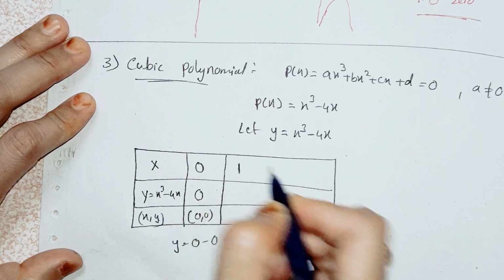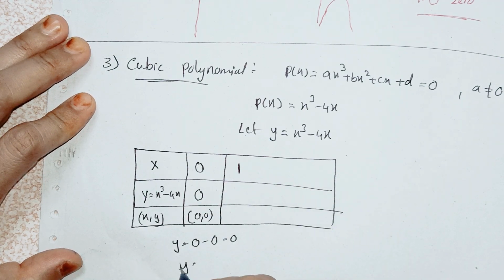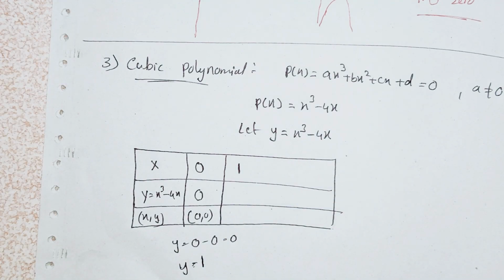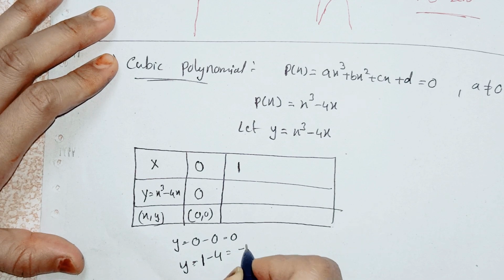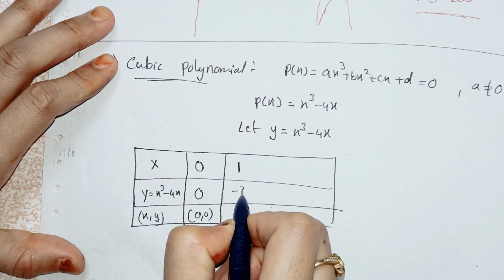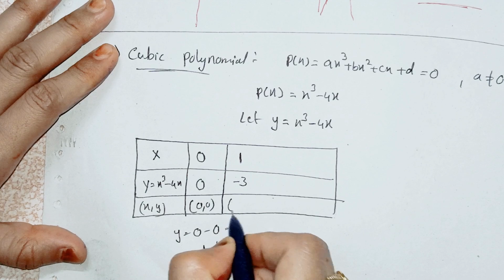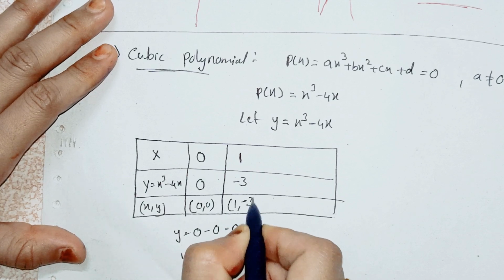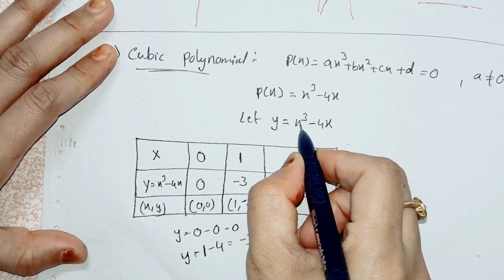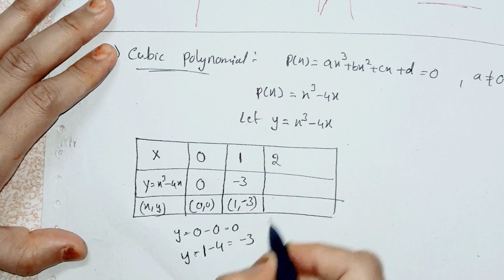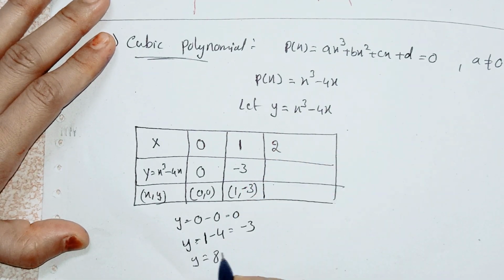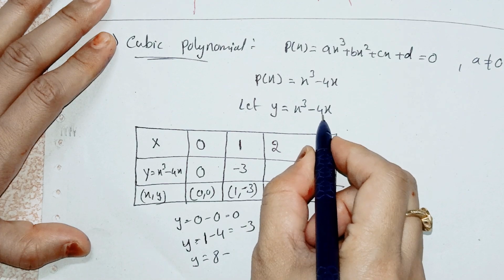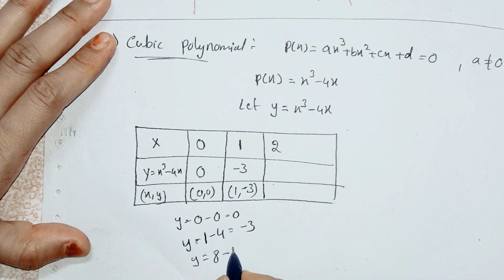If I take 1, y will be 1 cube, which is 1, minus 4 into 1, which is 4, so minus 3. Coordinates are 1 comma minus 3. If I take 2, then y will be 2 cube, which is 8, minus 4 into 2, which is 8.